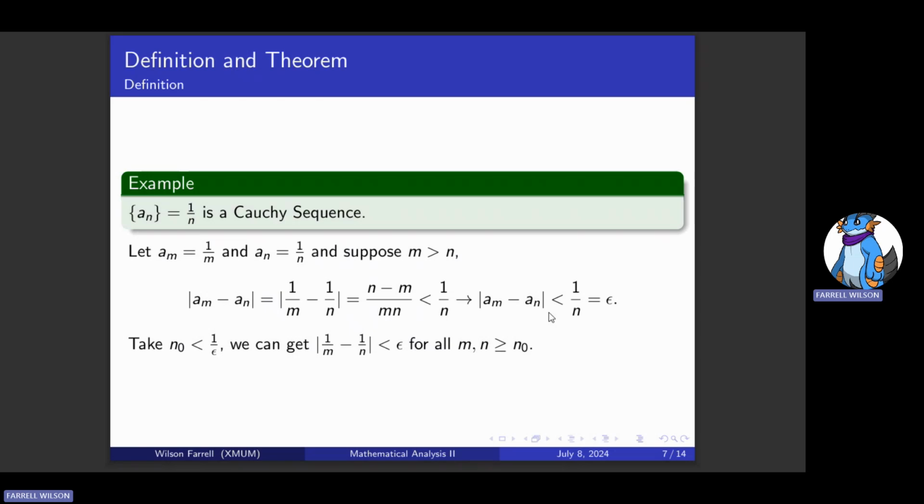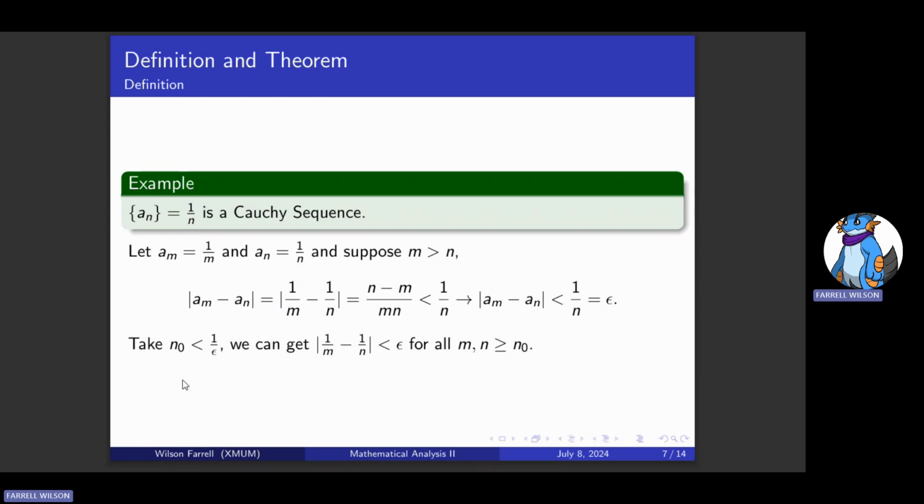That means a_m can be subtracted by a_n, which results in 1 over m minus 1 over n equals (n minus m) over mn, which is less than 1 over n. This also means that |a_m minus a_n| is less than 1 over n, that is equal to epsilon.